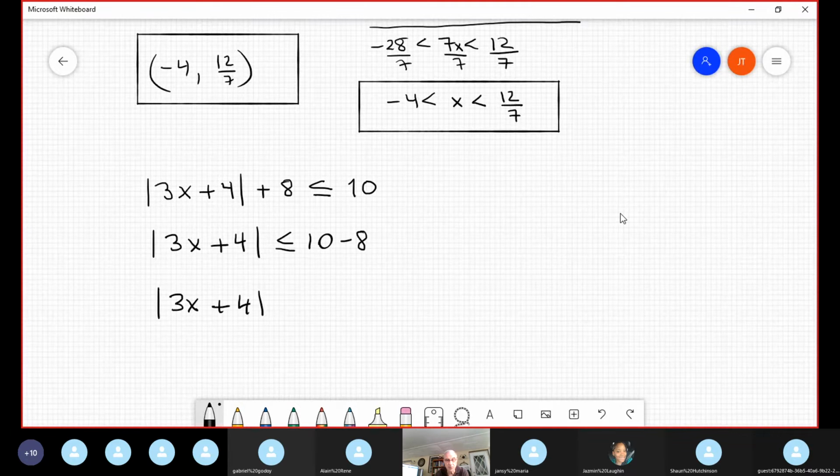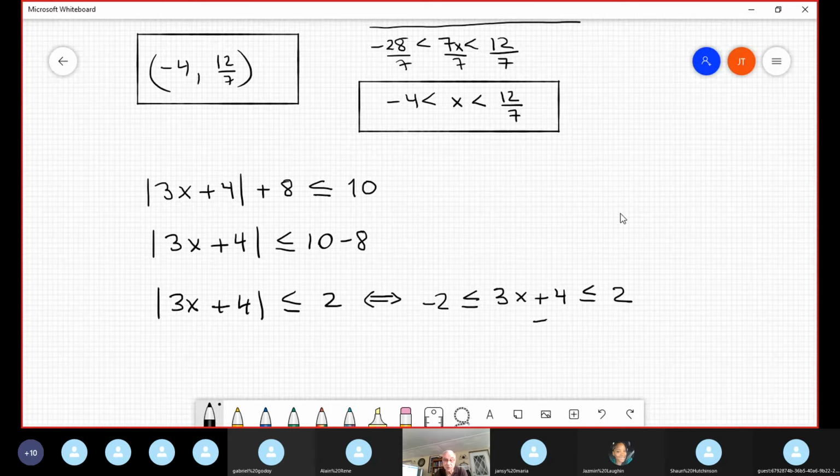Very, very important. When the right-hand side in this inequality is a positive number, we have a solution, and this is the interval, one piece, because it's less than. This is equivalent to say 3x plus 4 is less than or equal to 2 and greater than or equal to minus 2. I read it different because I read in the opposite direction. It's actually this is the less than or equal symbol, but this expression is greater than or equal to minus 2.